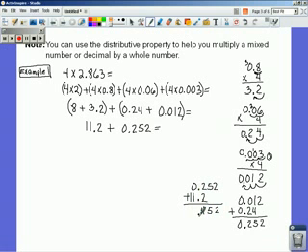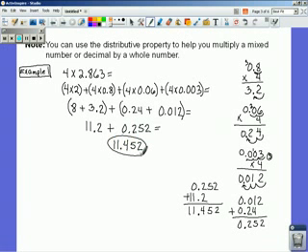Bring my decimal point straight down. 0 plus 1 is 1. 1 plus 0 is 1. So when we combine the 11.2 and 0.252, you should get a sum of 11 and 452 thousandths.